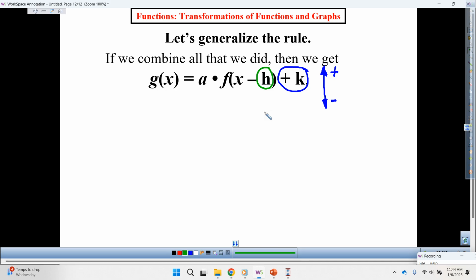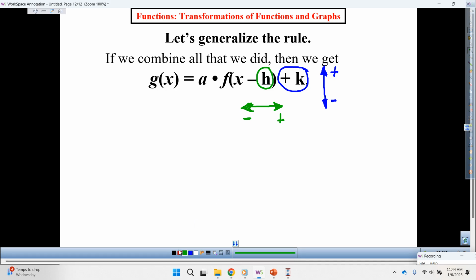How about Geo? h does what? Side to side. So we draw arrows side to side. To make it go to the right, we need to substitute a positive number in there for h. To make it go to the left, we need to substitute a what? A negative number. That is correct.